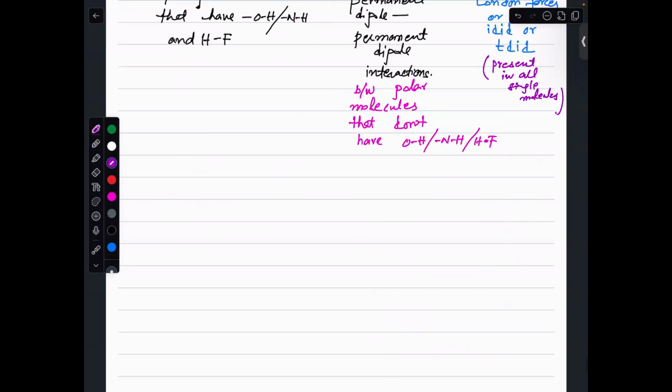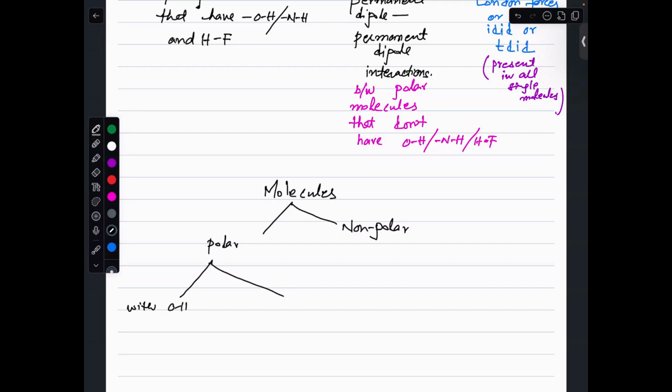Now, coming to it another way. We have two types of molecules: polar molecules, and non-polar molecules with no permanent dipoles. Polar again is of two types: with OH, NH, and HF, and without OH, NH, and HF.